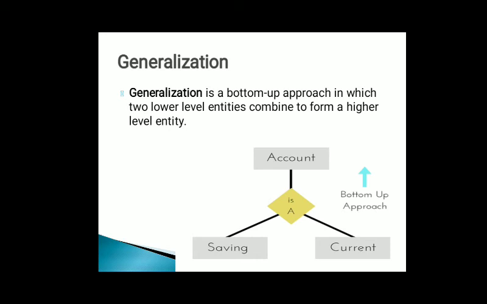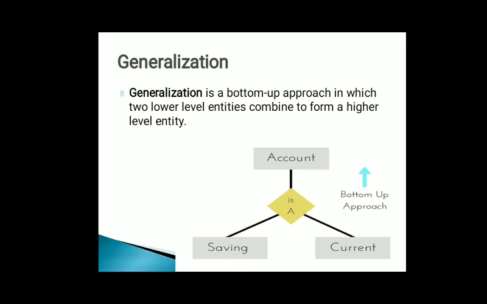Okay. In generalization, the higher level entity can also combine with other lower level entities to make further higher level entities, right? It's more like the superclass and subclass system, but the only difference is the approach, which is bottom up. Hence, the entities are combined to form more generalized entities.